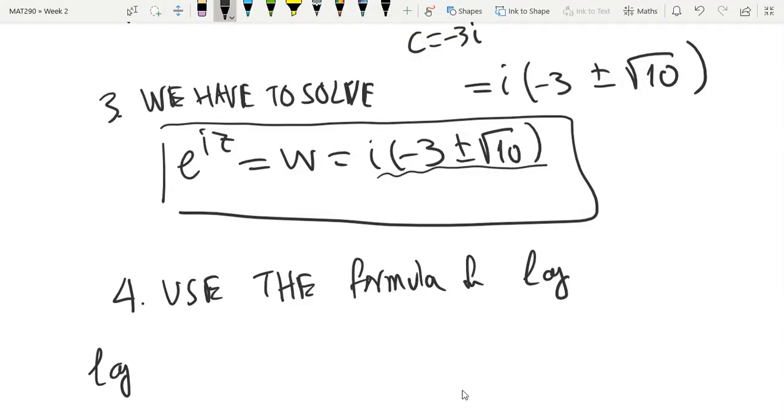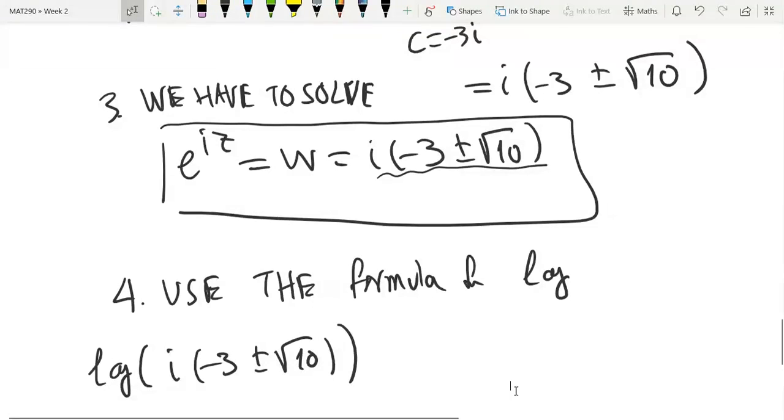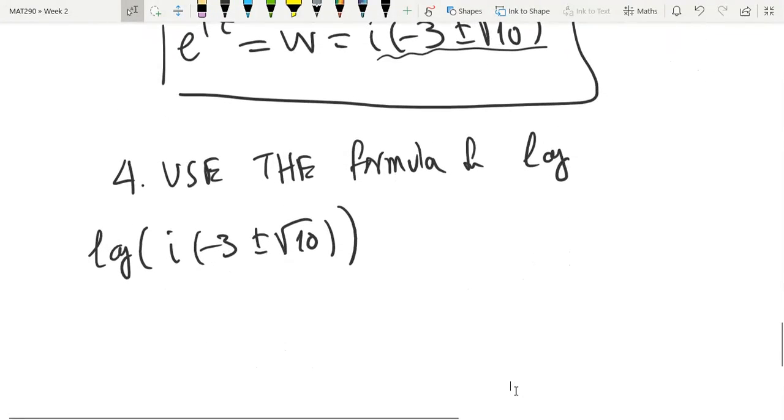So we have log of i times minus 3 plus minus square root 10 is defined as follows.